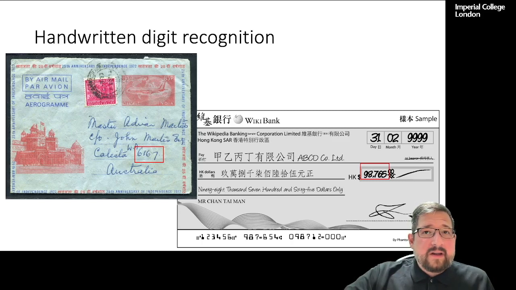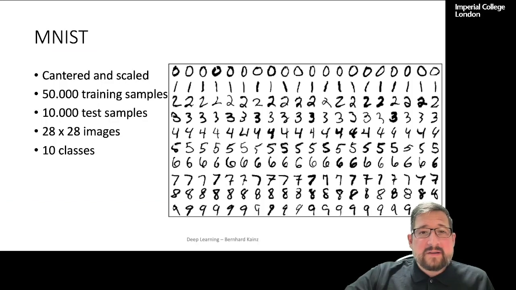So MNIST was created specifically in this context for handwritten digit recognition. This is the dataset LeNet was trained on. It's a curated collection of centered and scaled images, making it easier for models to learn the necessary features, really.